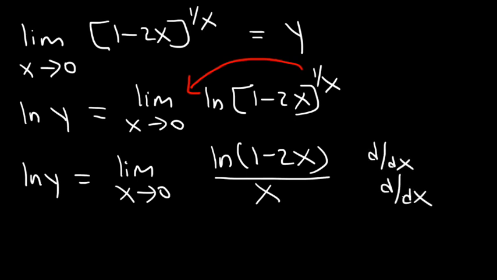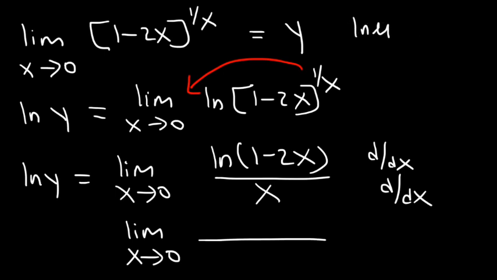Again it is in 0 by 0 form. So I will apply L'Hospital rule. Log (1 minus 2x) derivative: log u derivative is u dash by u. So for log (1 minus 2x), it is minus 2 divided by 1 minus 2x.